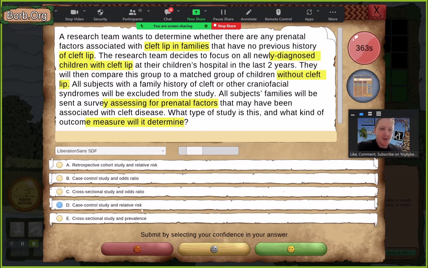D is a good answer, but the problem with D is that the relative risk, and this is just a detail that I didn't include, is going to be a number that you obtain on the basis of whether or not you are doing a cohort study or a case control study. When you're doing a cohort study, you're doing relative risk, and when you're doing case control, you're doing odds ratio. And so that's the distinction there.